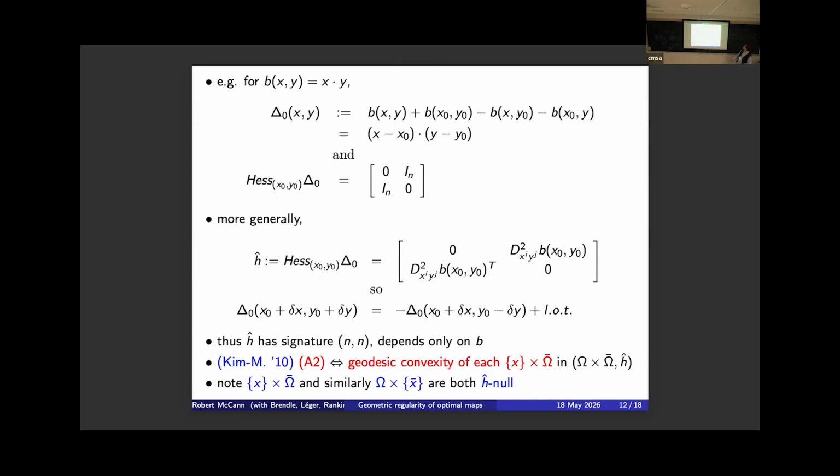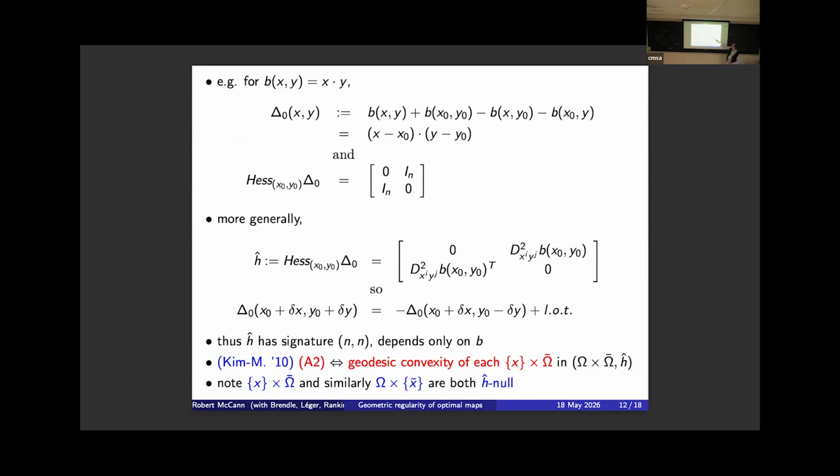And in this particular example, the bilinear benefit, if you think about what I call the cross difference, it just reduces to the inner product of the change in x with the change in y. And by the time you take 2 derivatives of this thing, you can think of this as 4 n by n blocks.